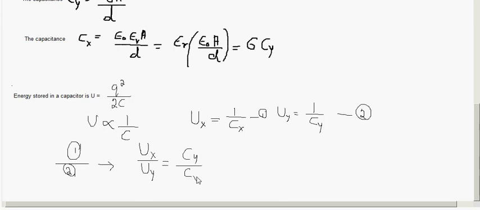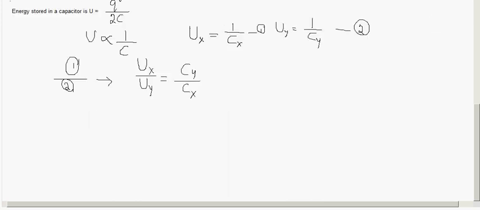We know Cx is 6Cy, so this is equal to Cy divided by 6Cy, equal to 1 by 6.